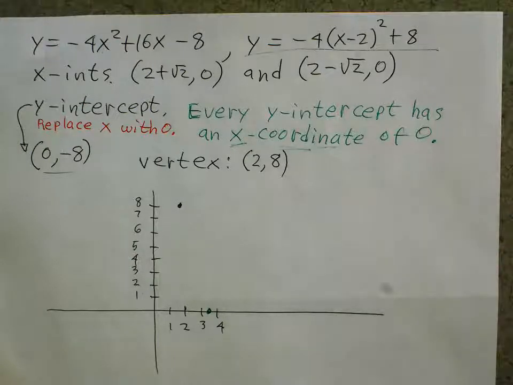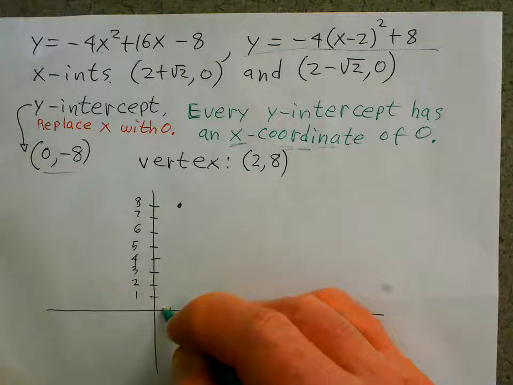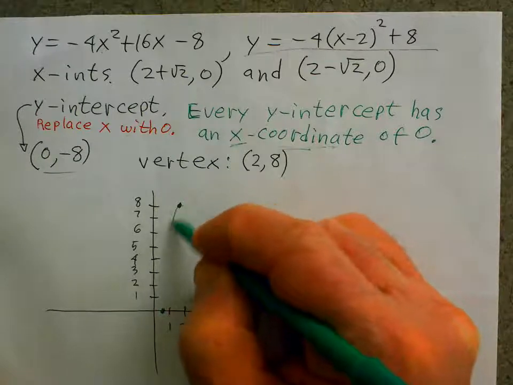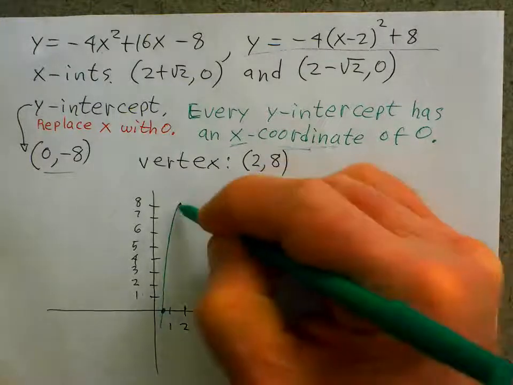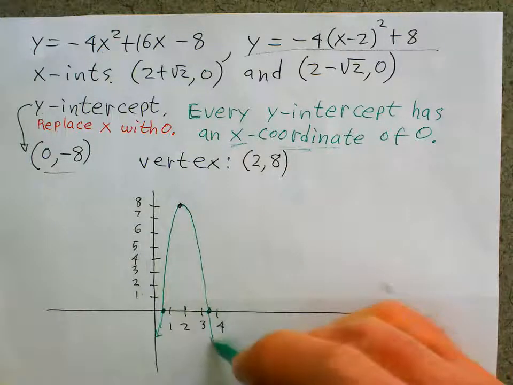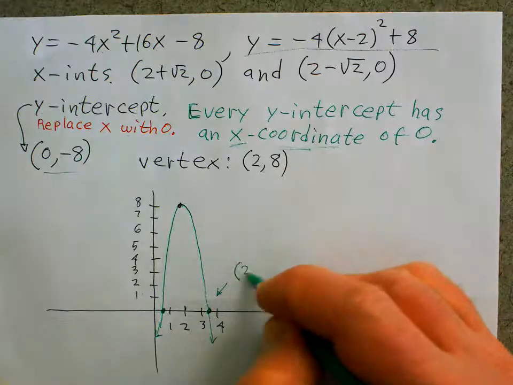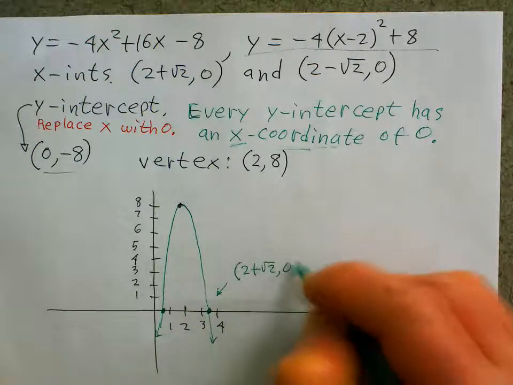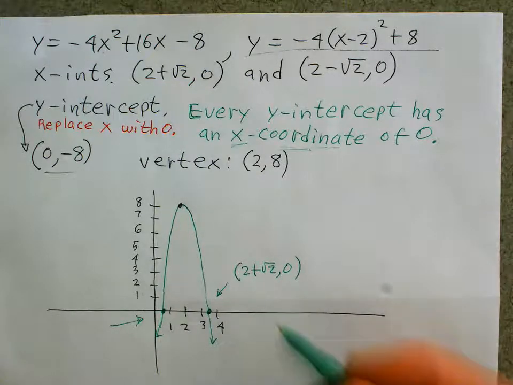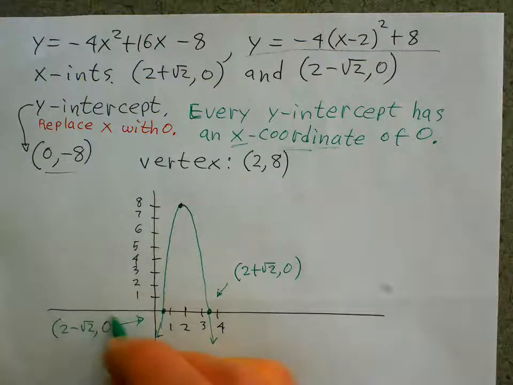So that's about 0.59 or so. So it's right in here. So we get a skinny parabola that looks something like this. So this x-intercept is 2 plus the square root of 2, 0. And the other x-intercept, 2 minus the square root of 2, comma 0.